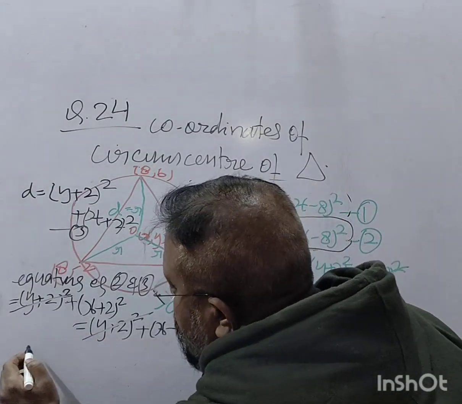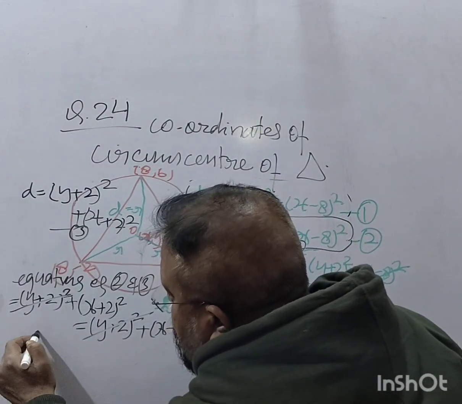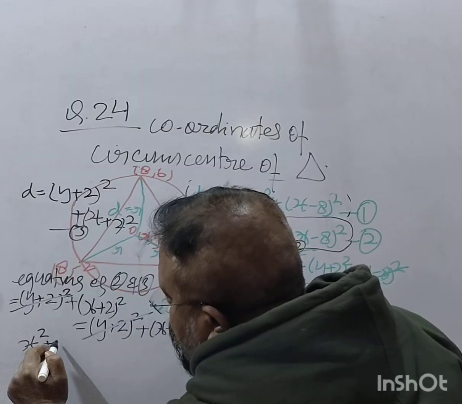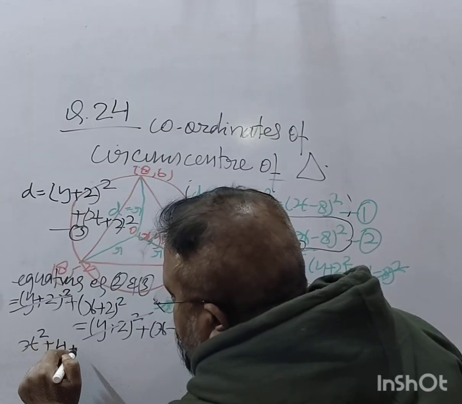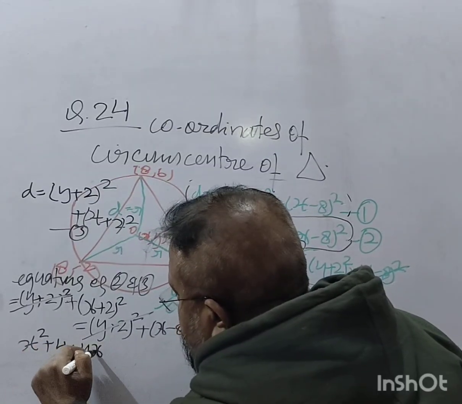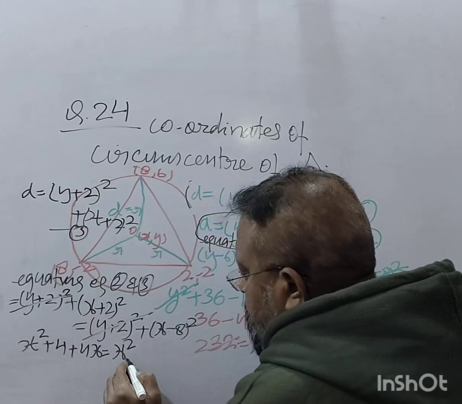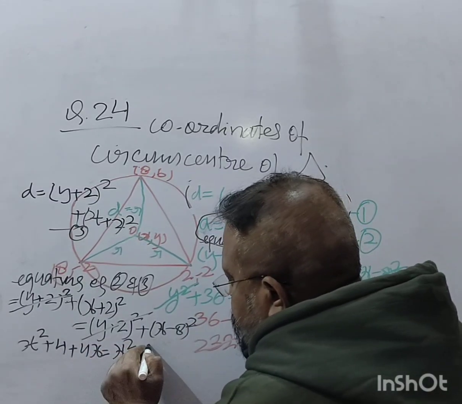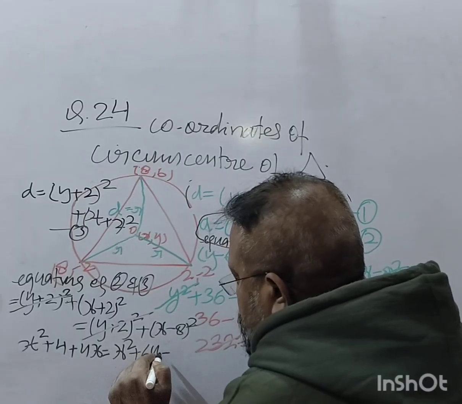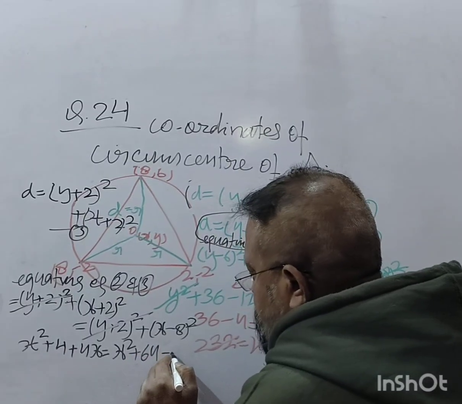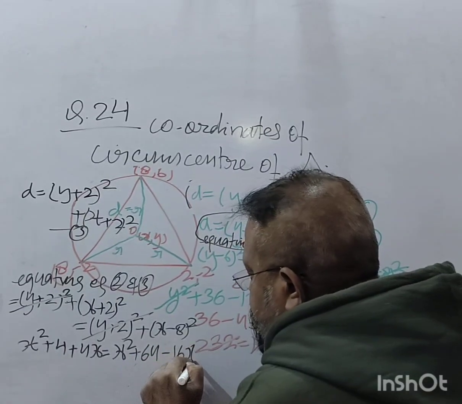So what is left now? x square plus 4 plus 4x is equal to x square plus 64 minus 16x.